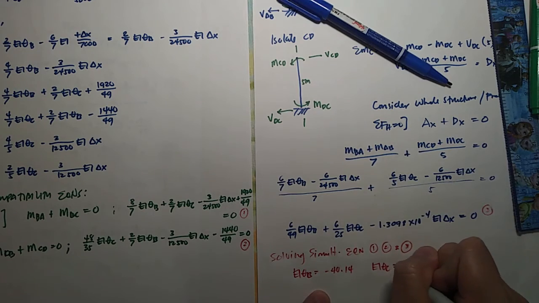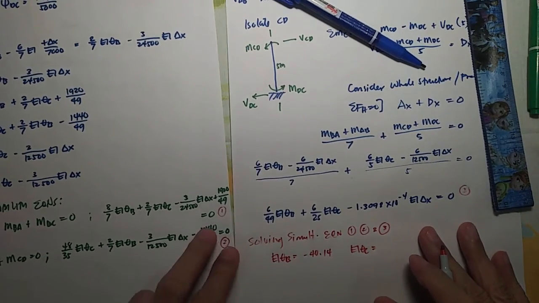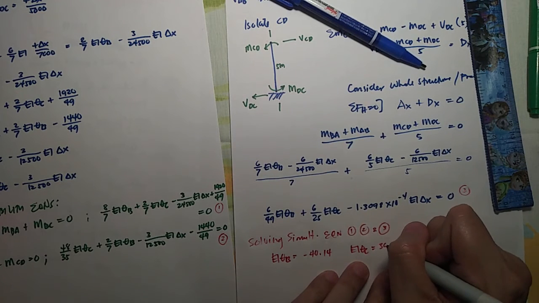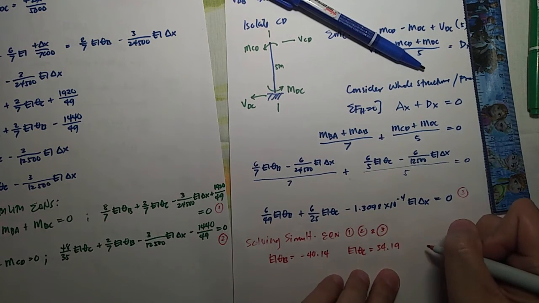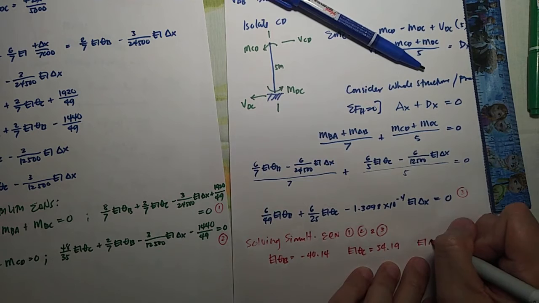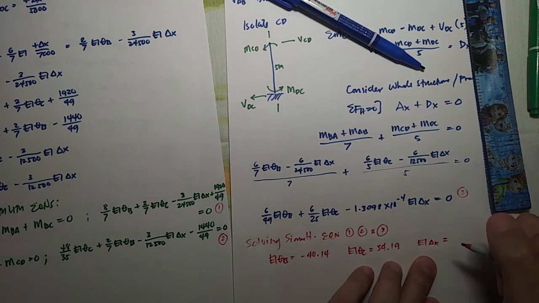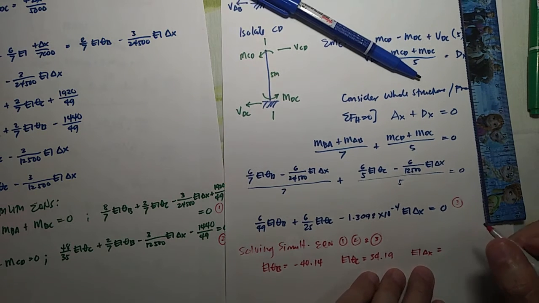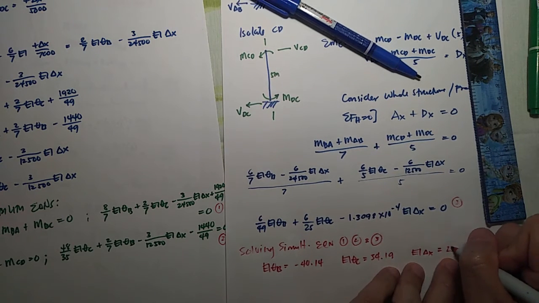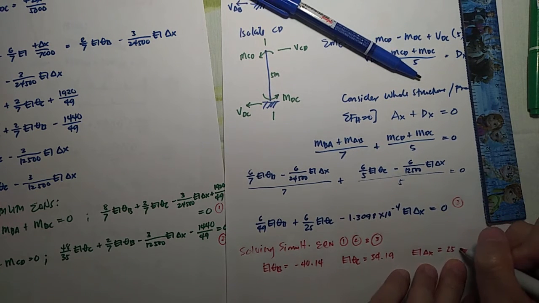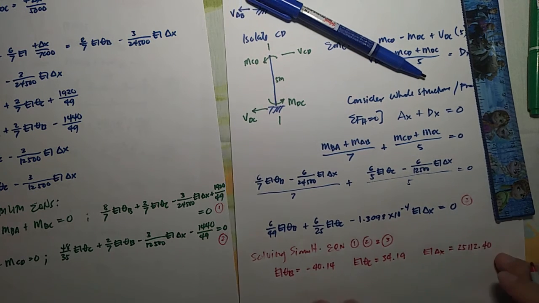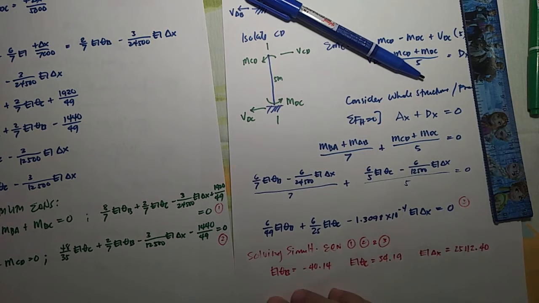EI delta C, 3419, and finally for EI delta X, it's 25,000, okay, 112.40. So these are the answers for the 3 unknowns.